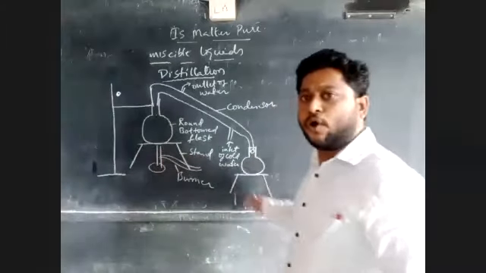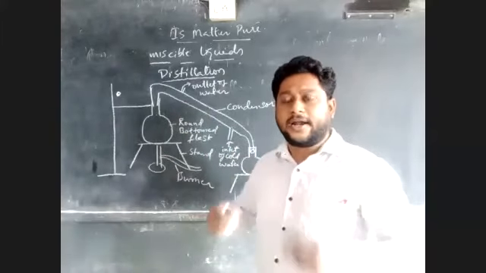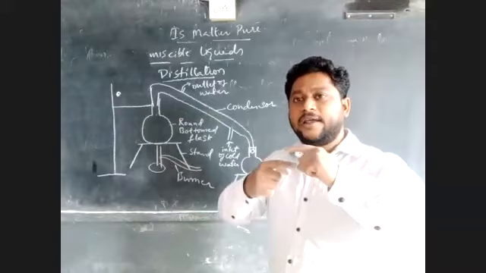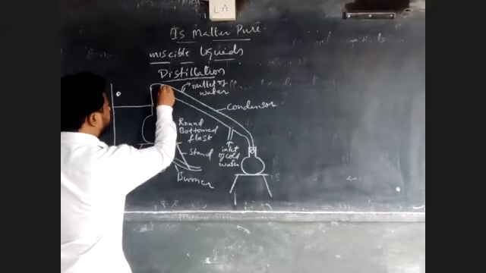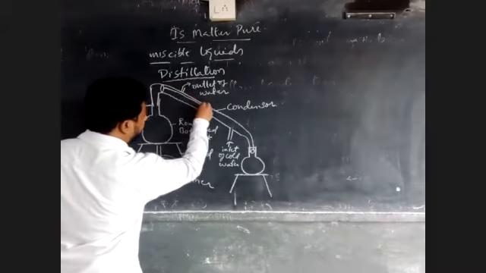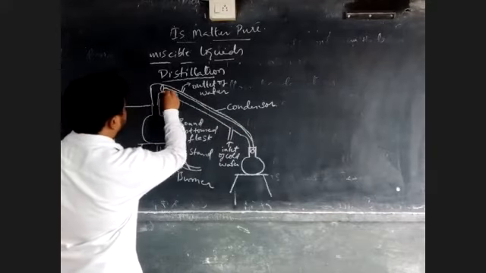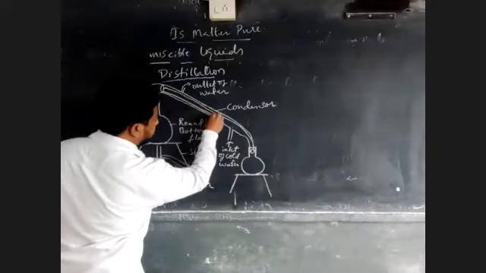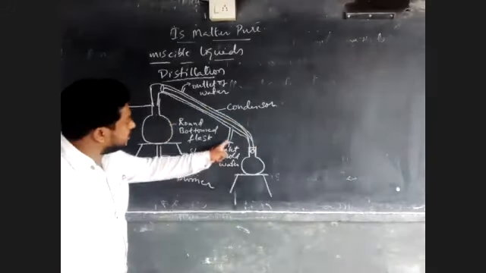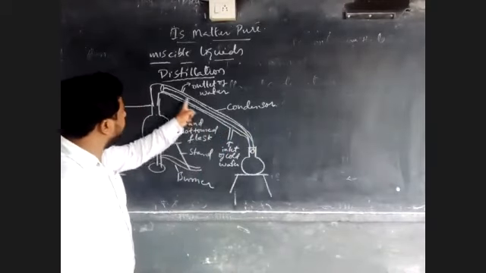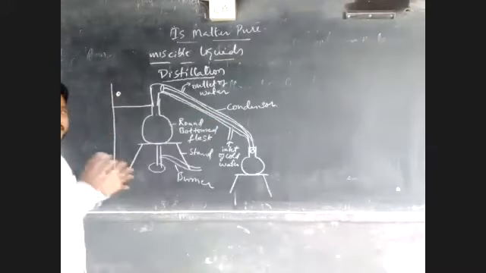We are taking two round bottom glasses. Condenser means internally there is a tube, and the water that is inlet and outlet is not going to mix with the vapors.